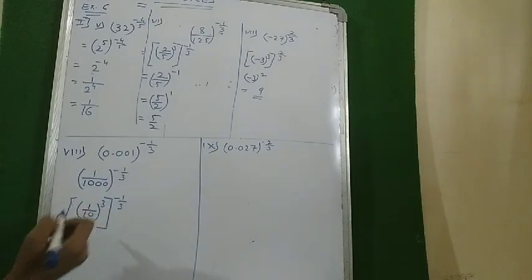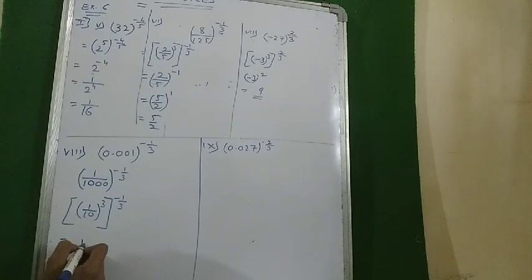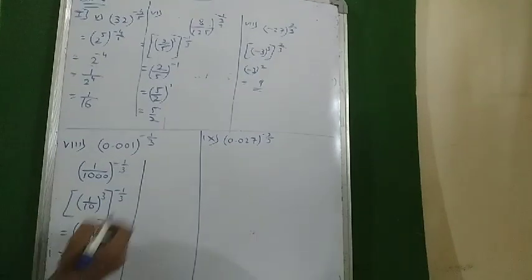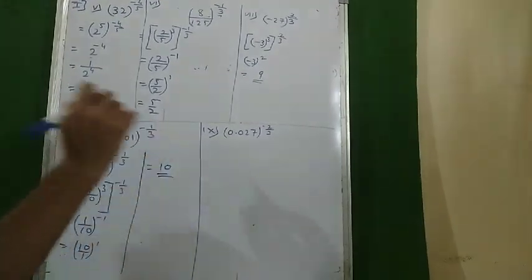So this 3 and this 3 gets cancelled. So I am having 1 upon 10, and we have minus sign. And I told you earlier, if there is minus sign and there is a fraction, just take the reciprocal of it. So it is 10 upon 1 raised to positive 1. 10 raised to positive 1 is just 10.